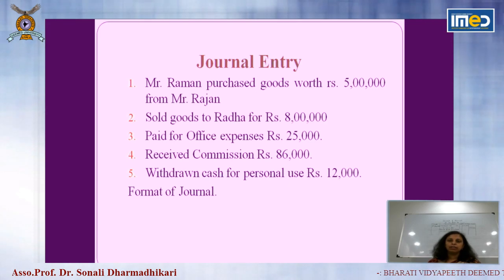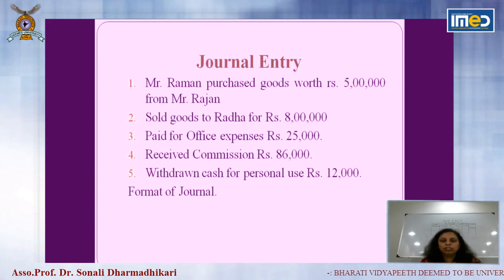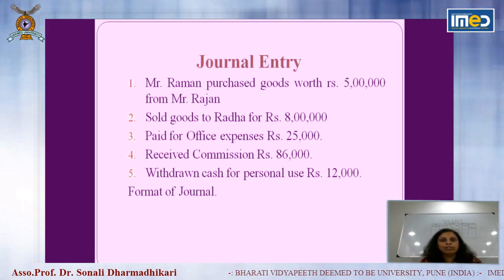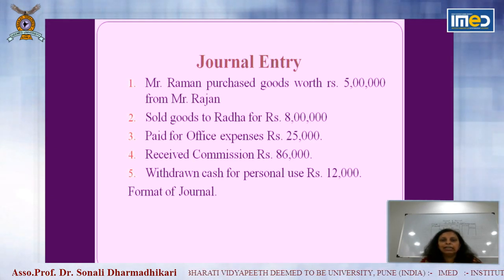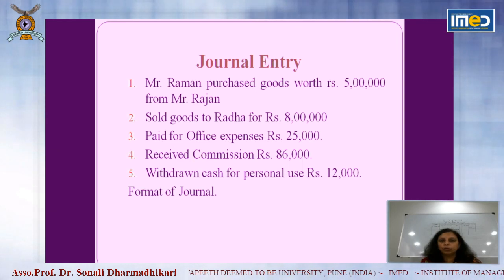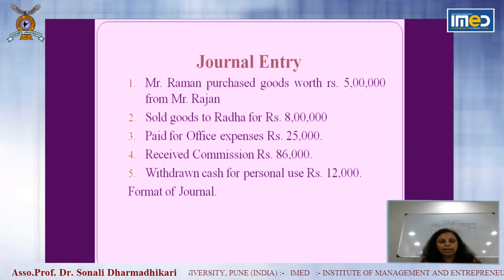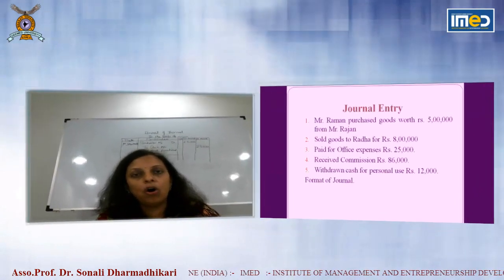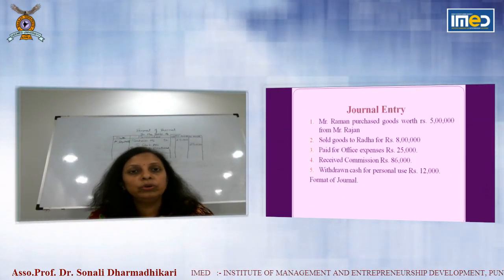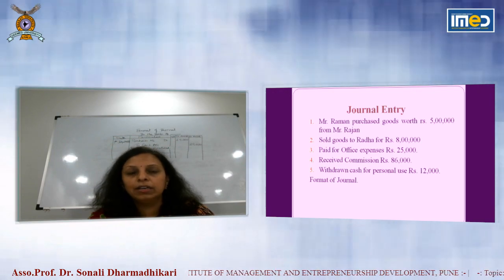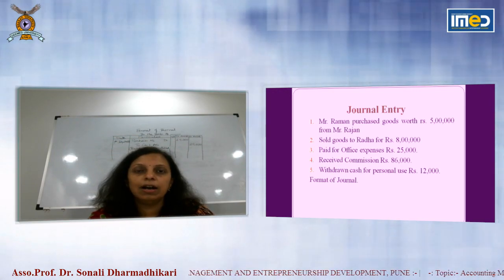So we will see what is the utility of journal. The first utility is each and every business transaction gets recorded in the books. So you do not forget anything. At the end of the day, you pass all transactions. So no amount gets omitted, which helps in financial accounting.